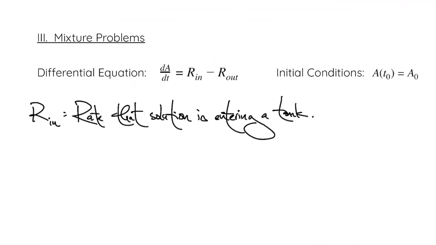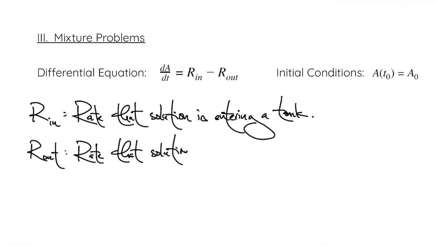Okay, so in all of these mixture problems, we're going to have a tank, we're going to have some sort of solution coming into it, and we're also going to have solution leaving the tank. All right, so R in stands for the rate that the solution is entering a tank, and R out is the rate that solution is leaving a tank.